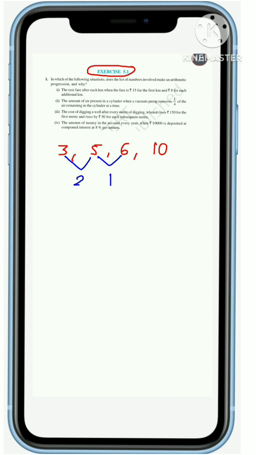Similarly, difference between 6 and 10 is 4. Students, here we can see the difference between each of the terms is not same, so we can say it is not an AP.